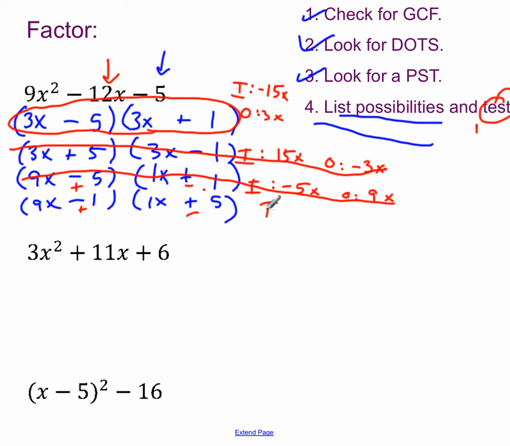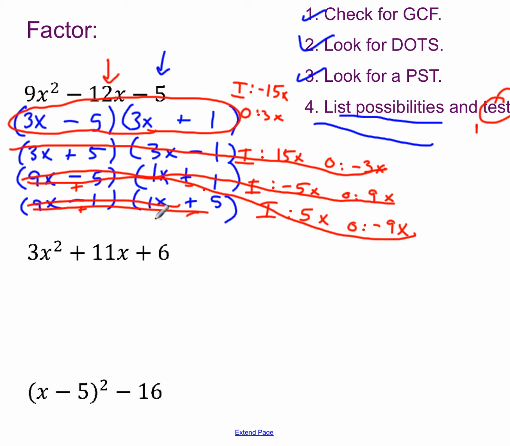The next one, the inners give me 5x positive, and the outers give me -9x, which gives me -4x, and that's not right. And if I test these last two, those are not right either. So my final answer happened to be the one that I found in the beginning. But sometimes you have to test them all. So hopefully you won't have too many of these questions to do because they can be a little bit tedious.